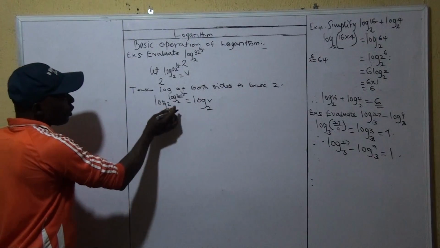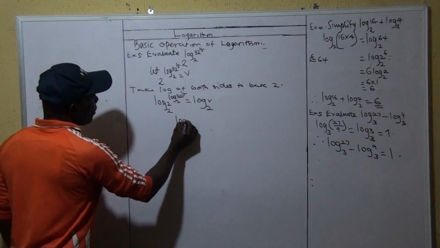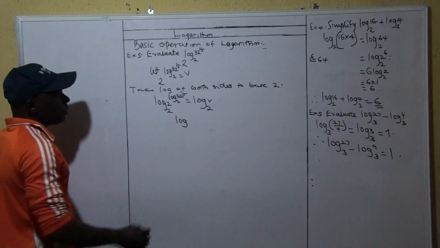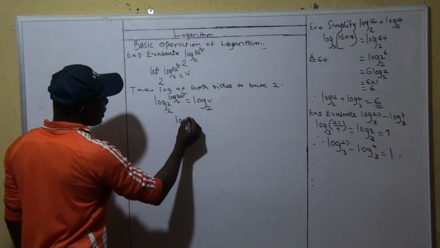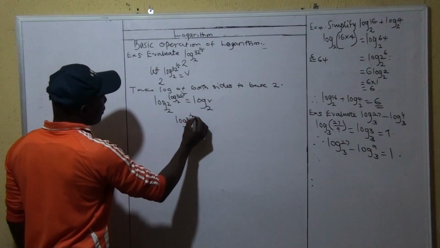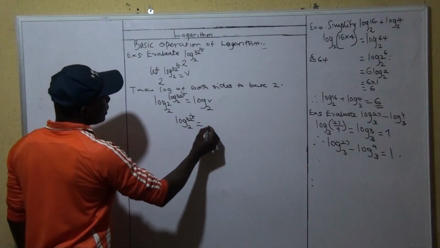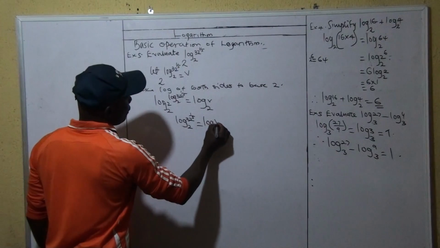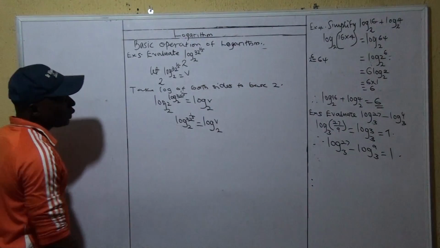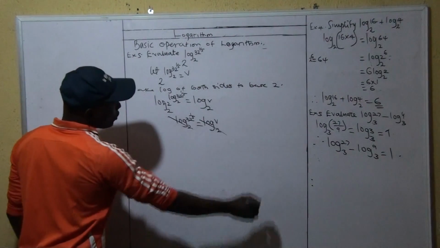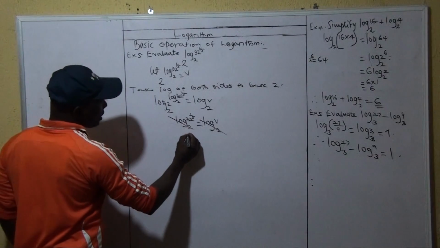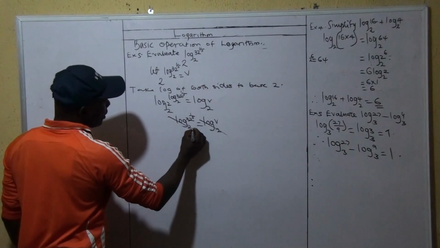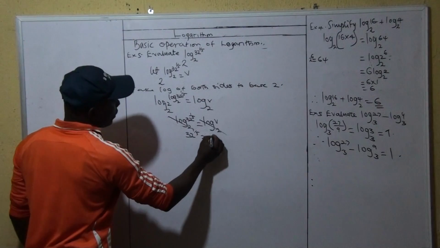So you see this log base 2 of 2 cancels, and we are left with log base 2 of 32 raised to power 1 over 5 equal to log base 2 of v. So the log 2 and log 2 cancel, and we are left with 32 raised to power 1 over 5 equals v.